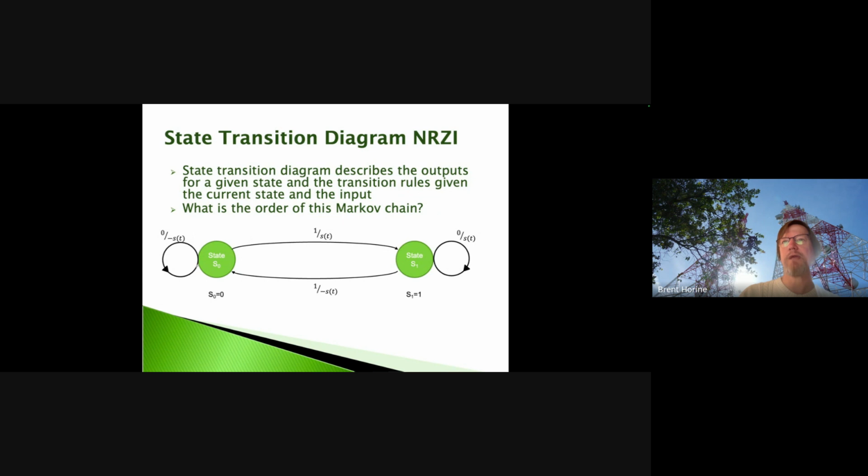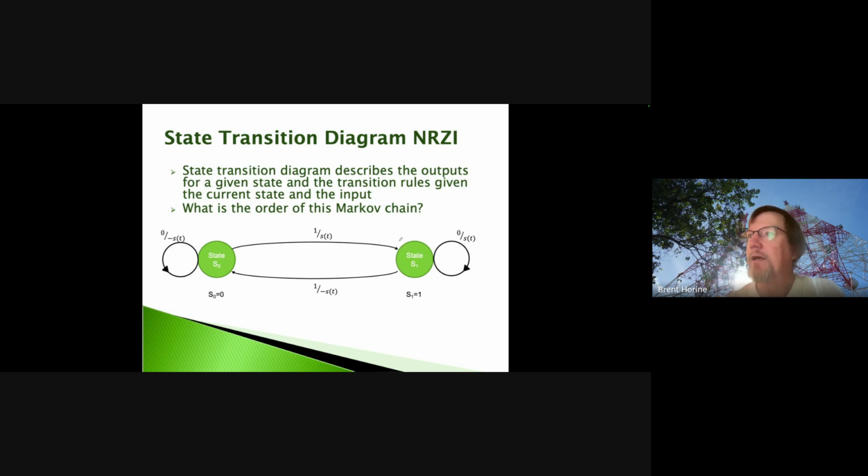So we have a state 0 and a state 1, and we have some inputs that come in, and we will transition from one state to another depending upon what we get.